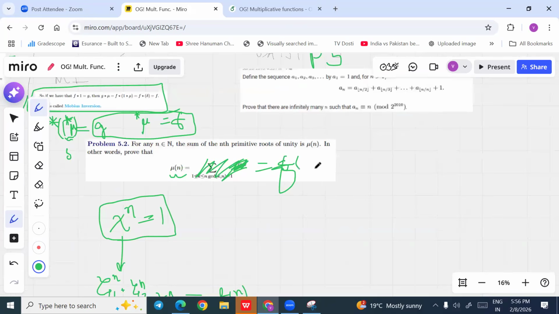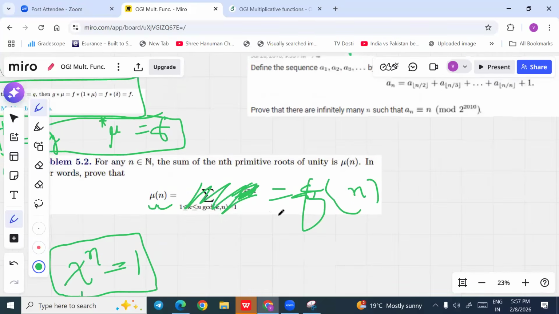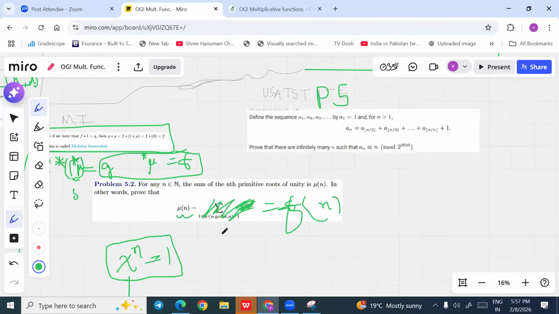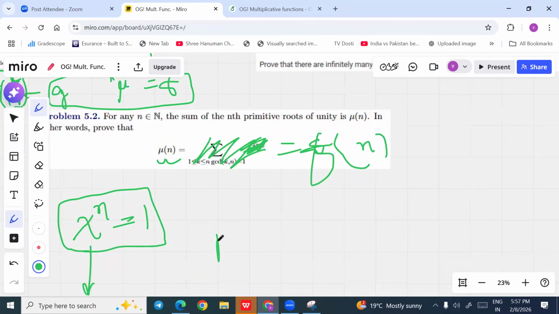So if I denote the sum of primitive nth roots of unity by f, then just prove this. The idea is you'll try to prove that Mobius cross 1 is equal to f cross 1. Since the Mobius function is a bit hard to deal with directly, you know that Mobius cross 1 is the delta function.